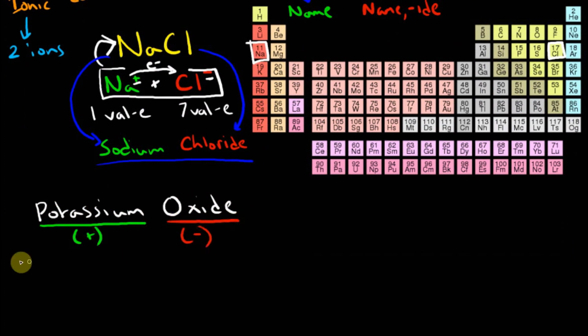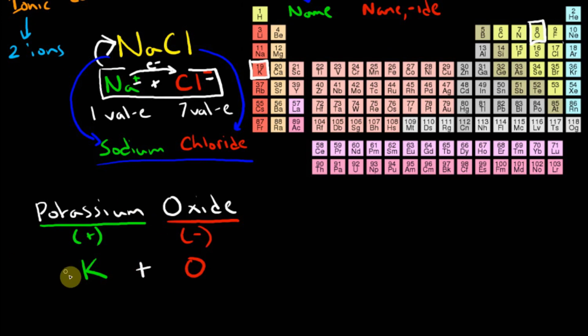It'll be the anion. Now, if we look at the periodic table of elements, potassium is right here. Its symbol is K. So we'll write out a K. And then oxygen is right here. Its symbol is O. So we'll write out an O. K plus O is what potassium oxide will be.